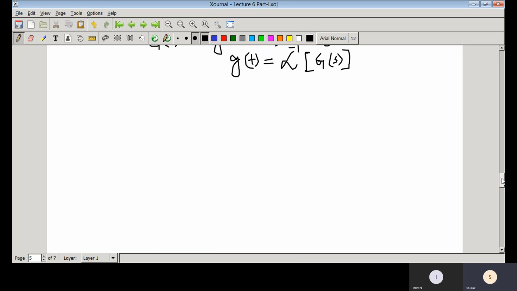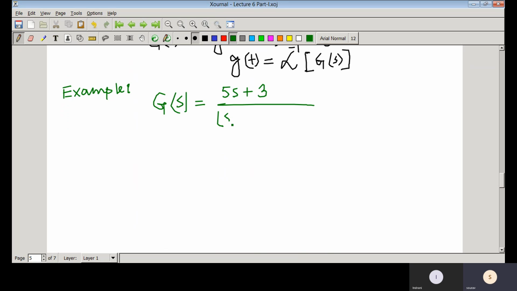Let us take one example. Suppose one function is given, G(s) equal to (5s plus 3) divided by (s plus 1)(s plus 2)(s plus 3).